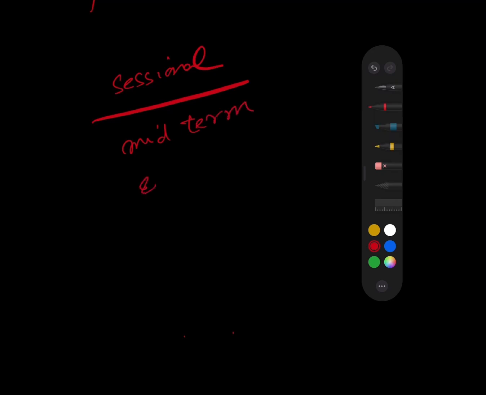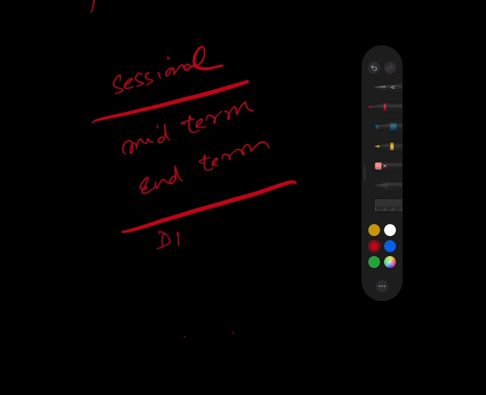Different universities have different kinds of patterns, but usually we have sessional, we have midterm, and we have then end term. So different universities have different patterns.